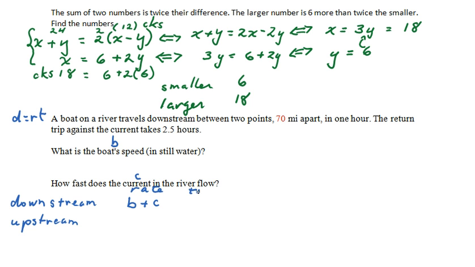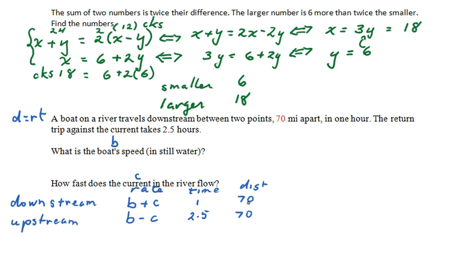The time would be 1, and the distance 70: 1 hour and 70 miles. The return trip against the current takes 2.5 hours. This would be the boat minus the current. 2.5 hours, 70 miles again.